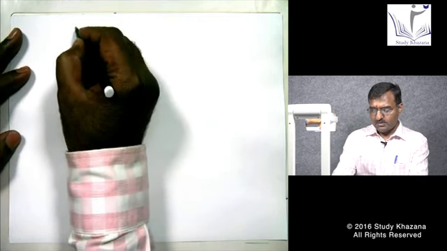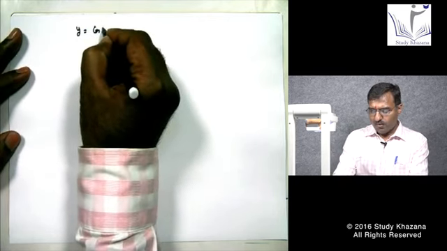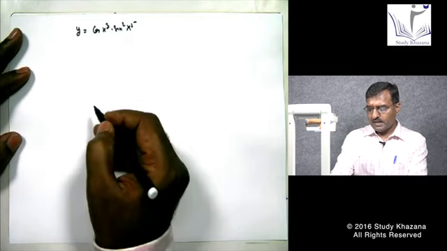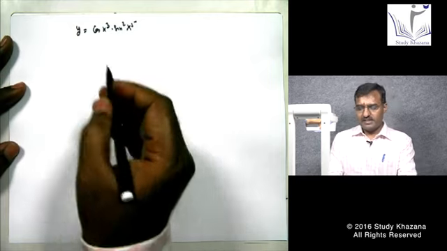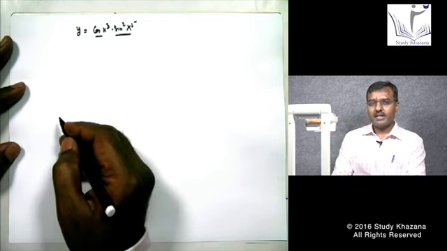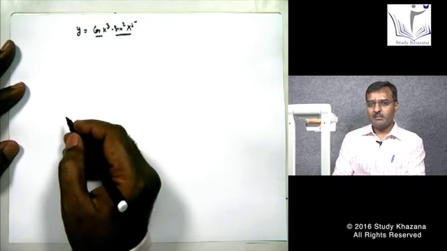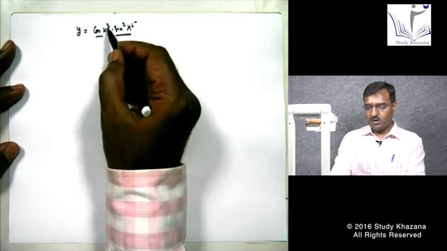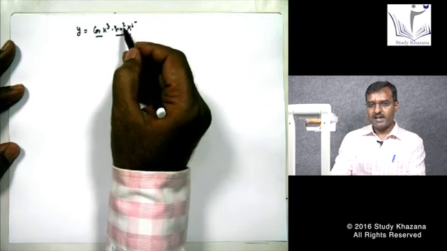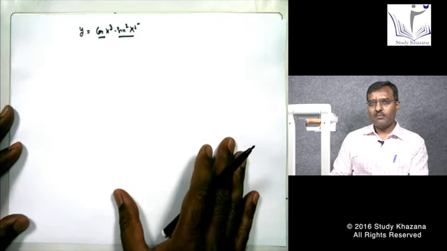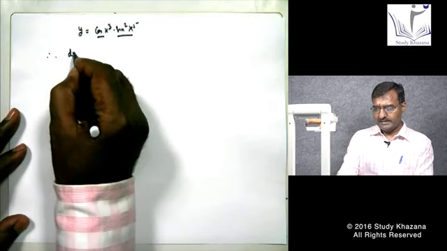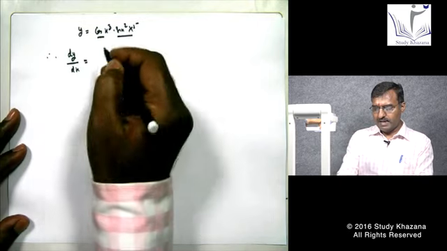Say, suppose I consider a function, y equal to cos x cube dot sin square x to the power 5. Now here you will see there are two functions. So here we will have to apply the product rule plus the chain rule. Why the chain rule? Because there is x to the power 3 and x to the power 5. So first I will do straightly dy by dx.